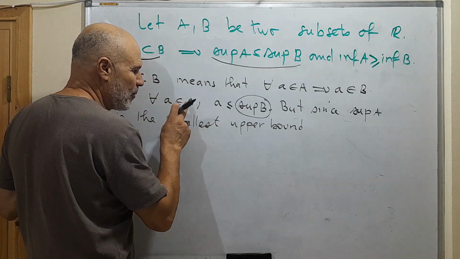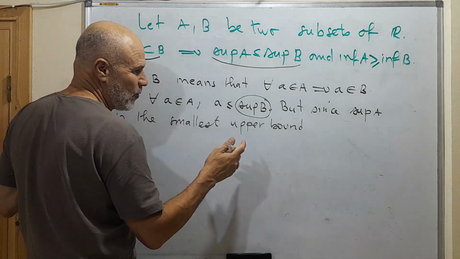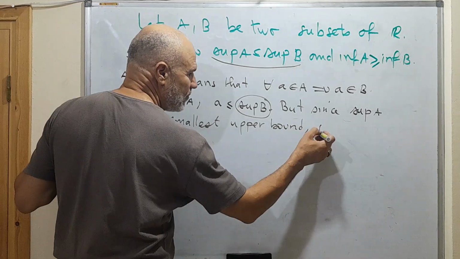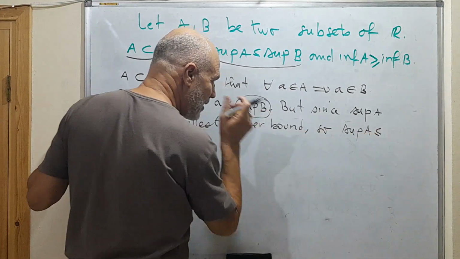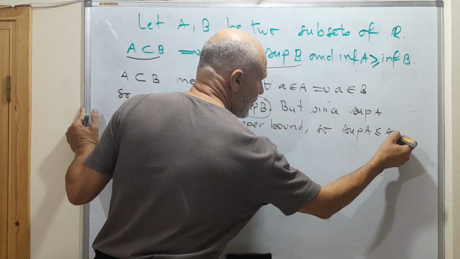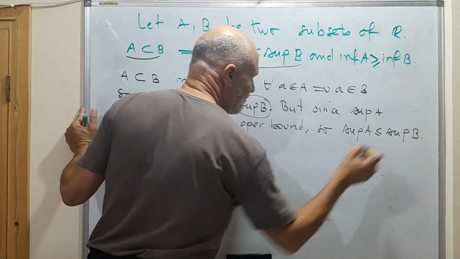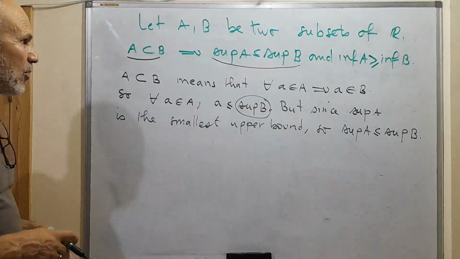Since the supremum of A is the smallest one, the supremum of A is less than or equal to the supremum of B. This is all what we need.